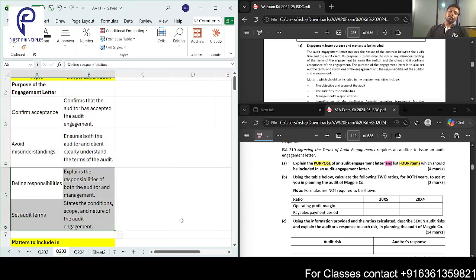Okay, let's go on to the next two here, Geet. How have you understood this? Yeah, okay. Perfect. Easy. Purpose of the engagement letter.